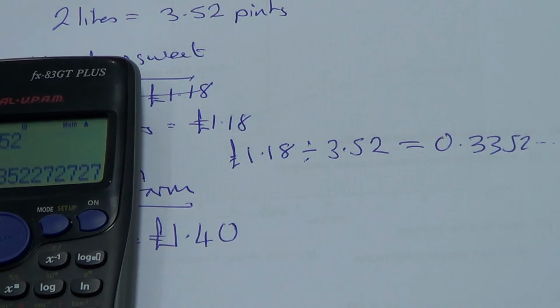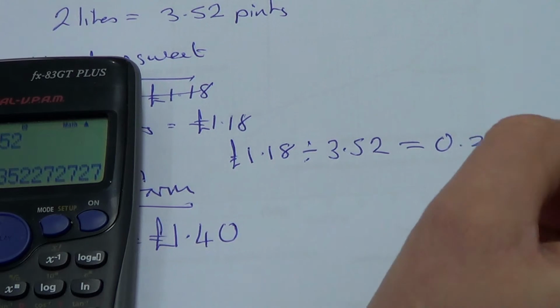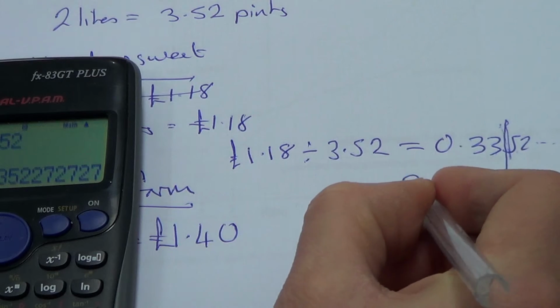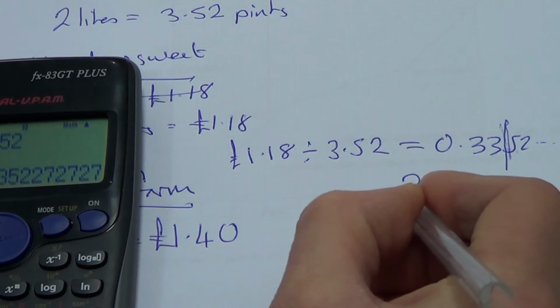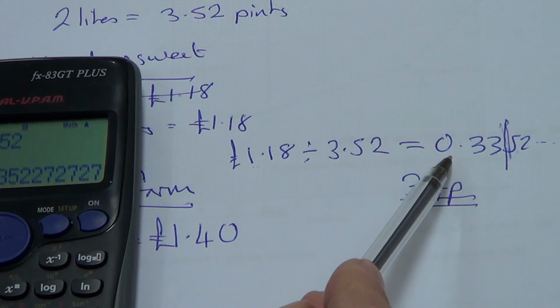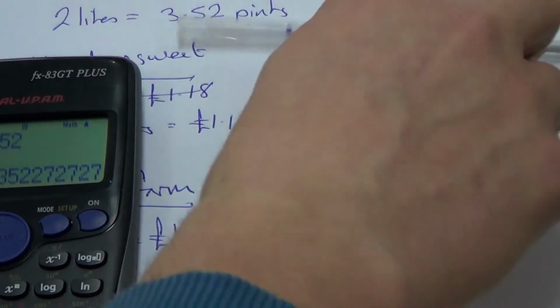Again, we're talking about money, so we know that's going to round up to the nearest pence. That 3 is going to round up to a 4, so it's actually 34p. It was in pounds to start with, £1.18, so it's in pounds there, 0.33. So I know I've got 34p.